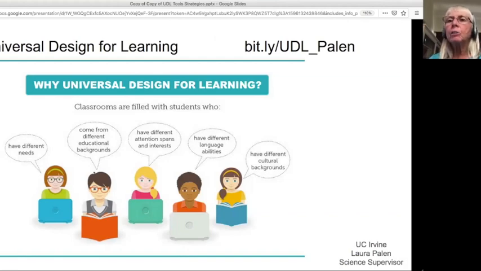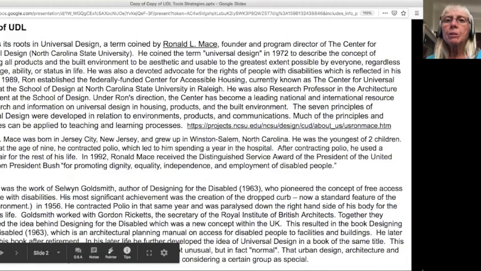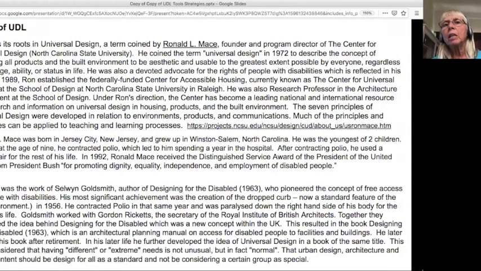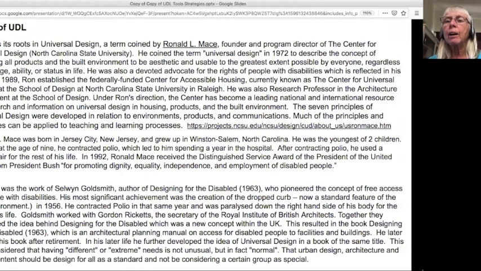So I thought it would be important maybe to go back and look at where this comes from. Universal design for learning comes from something called universal design. And universal design has its roots pretty far back, but the most documented roots start in the 60s when we started putting in the curb depressions that allow wheelchairs, strollers, and bicycles, and things like that to get on and off of a sidewalk.